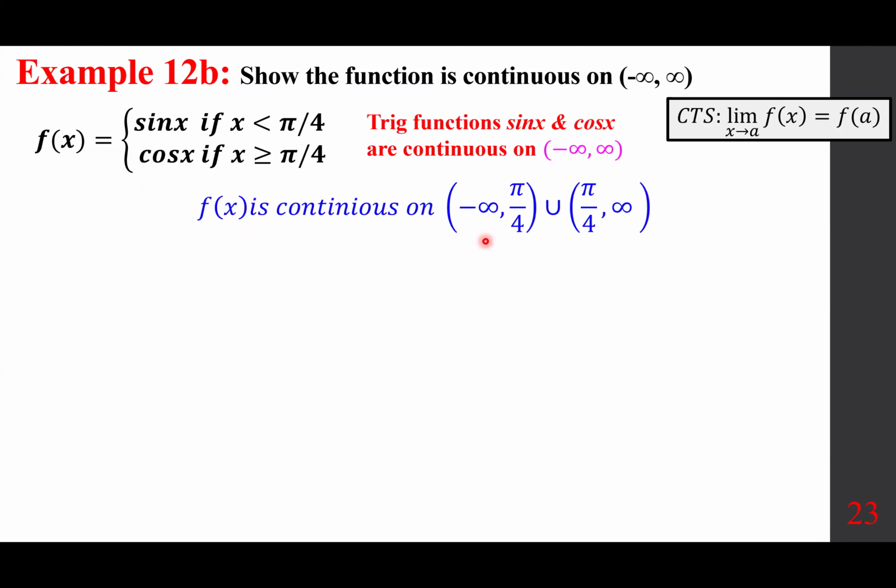f of x is continuous on the interval of negative infinity to pi over 4 union pi over 4 to infinity. We don't know about the endpoint. We should check it. So let's check the endpoint pi over 4.